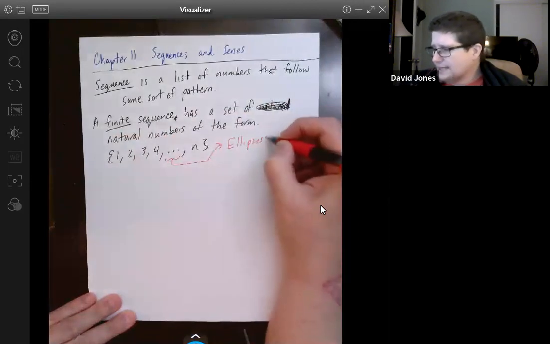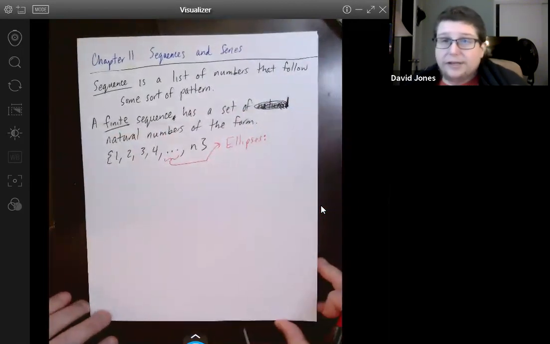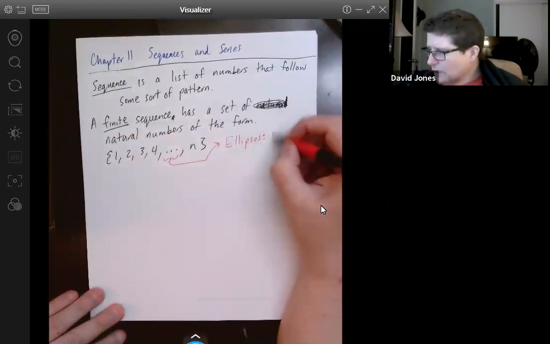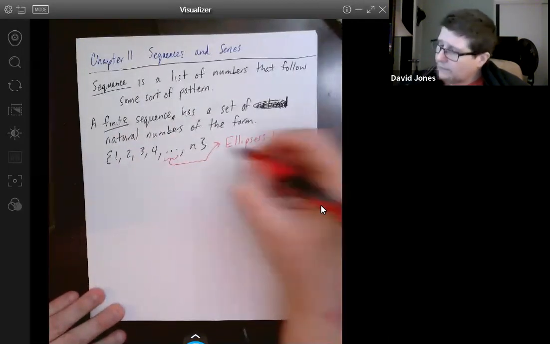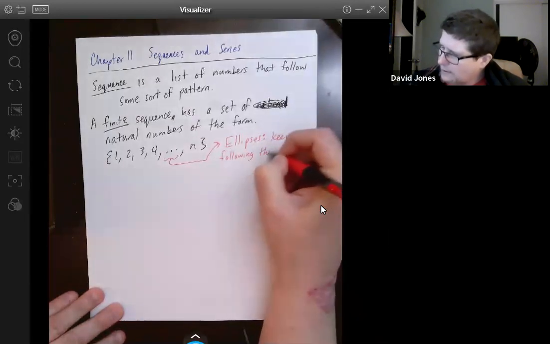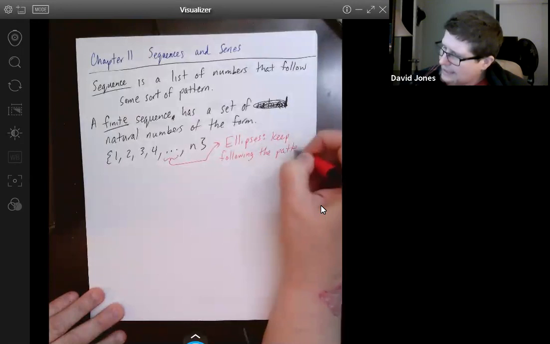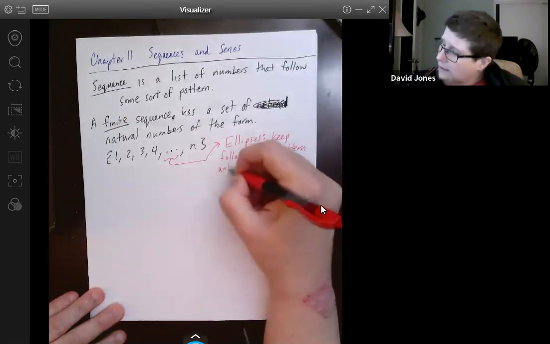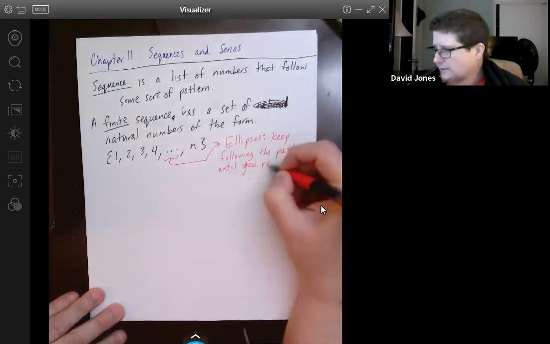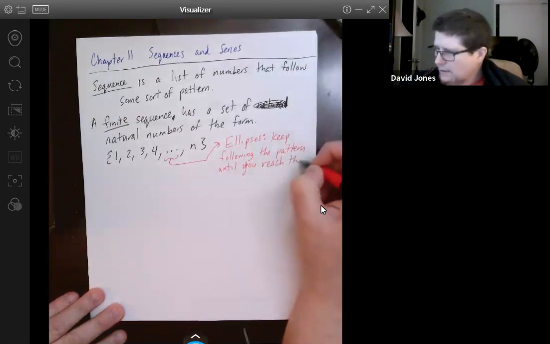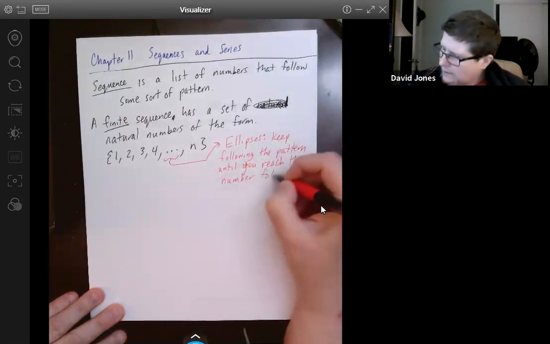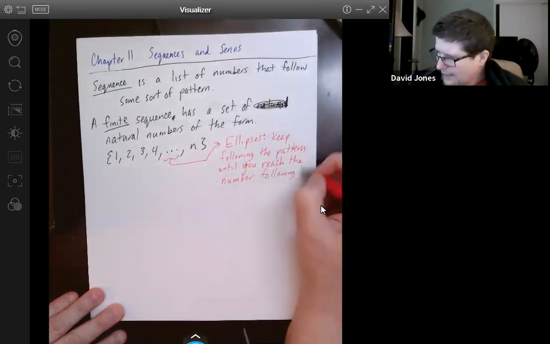And when you see these in between two numbers in a numerical sequence, the ellipses mean keep following the pattern until you reach the number following the ellipses.